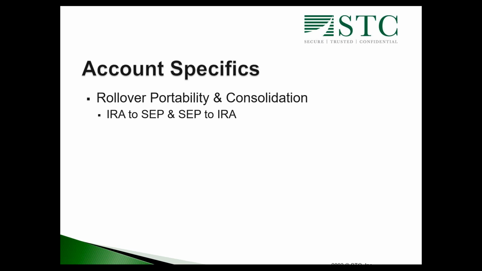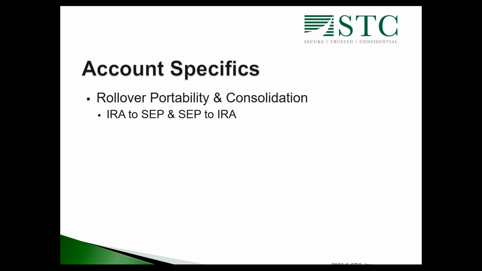So let's say you have had a traditional IRA, you worked in corporate America, you retired, and now you have your own business and you set up a SEP, a retirement plan for your business. If you wanted to move those funds from your IRA into your SEP, you could do that.